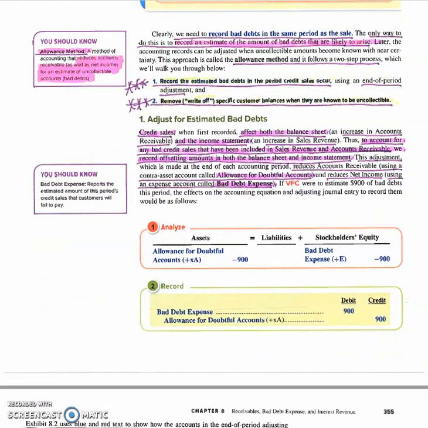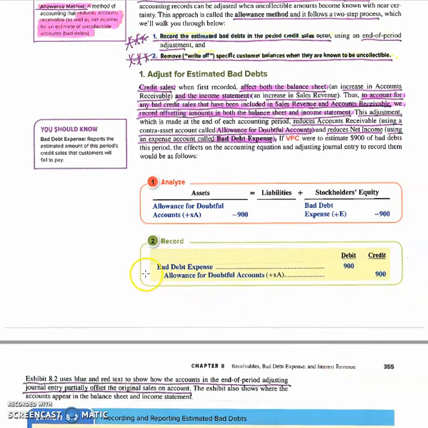There's the entry right there: debit bad debt expense, credit the allowance for doubtful accounts. You can see that reduces assets through the increase in a contra asset, allowance for doubtful accounts, and then we reduce stockholders' equity through the increase of an expense, bad debt expense.